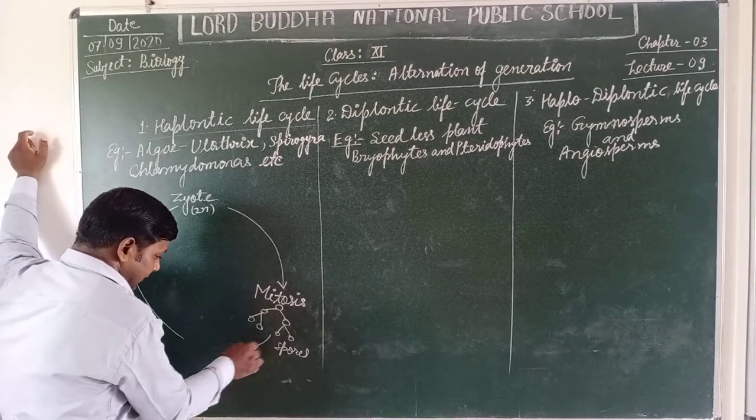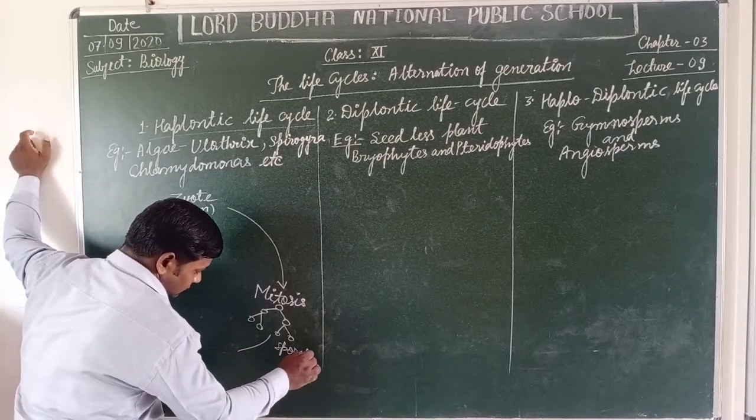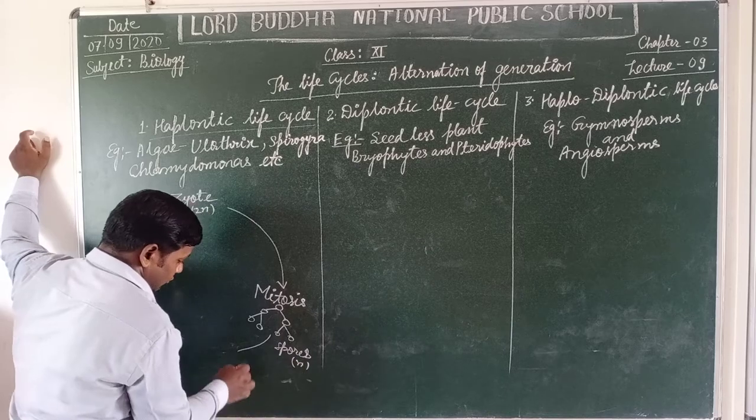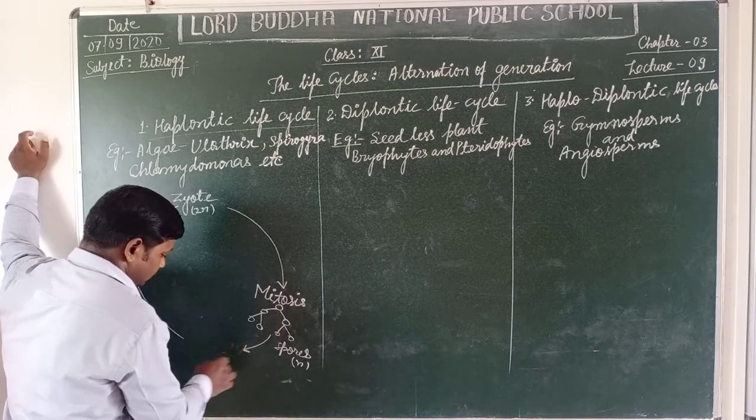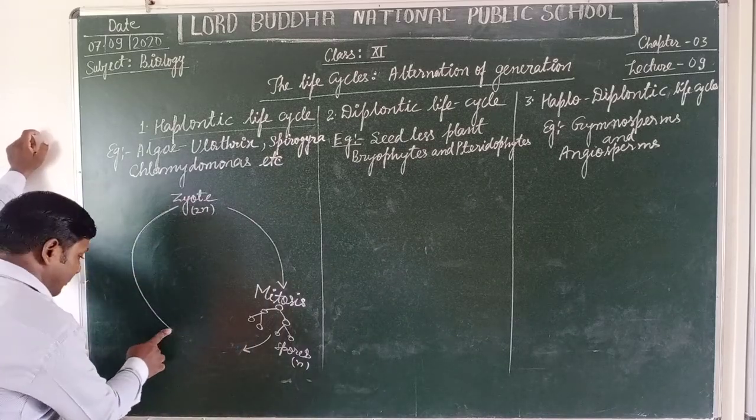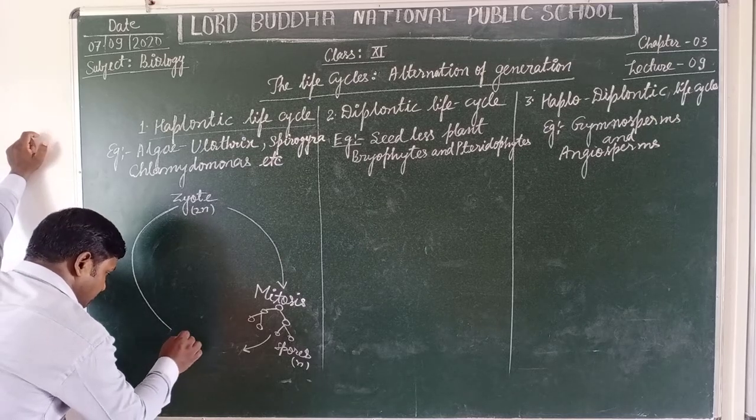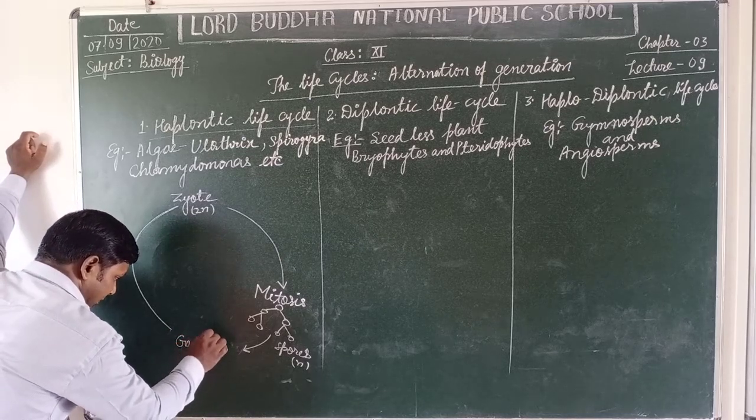These spores containing haploid chromosomes are called gametophytes. Gametophyte.